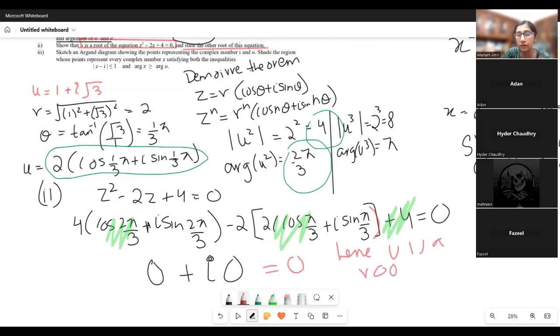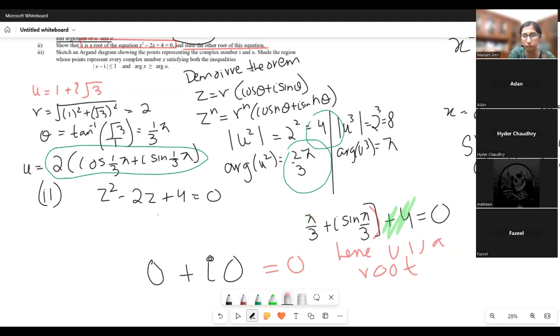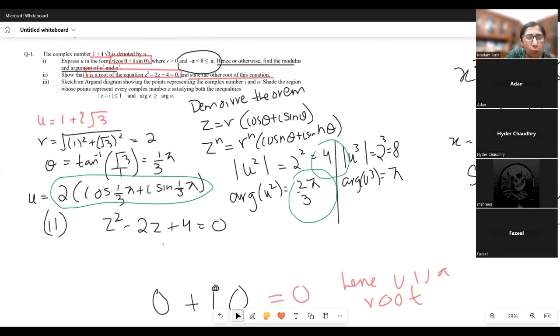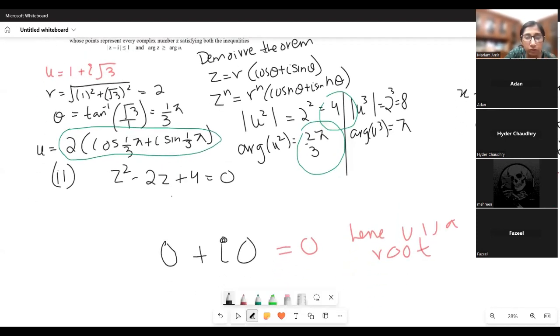You can do the same in rectangular form. Let's do that. I'm going to clear this and now do this in rectangular. So in rectangular form, u is, what was that? 1 plus iota under root 3.